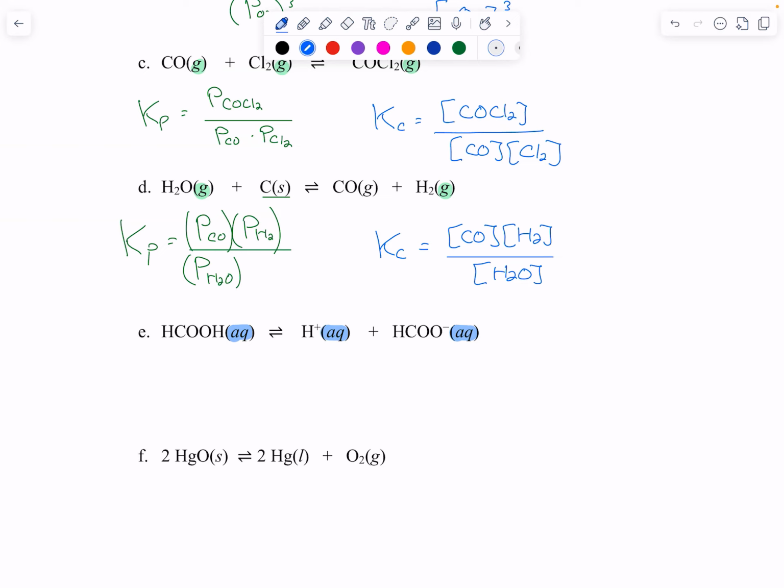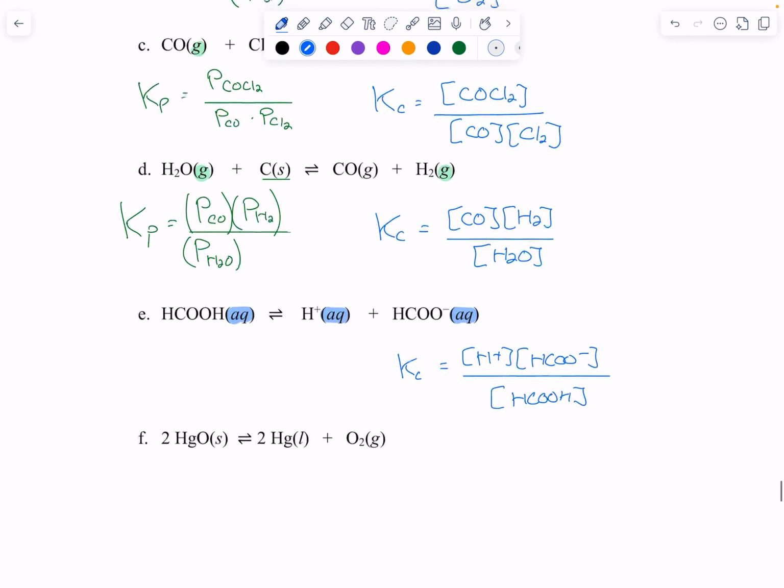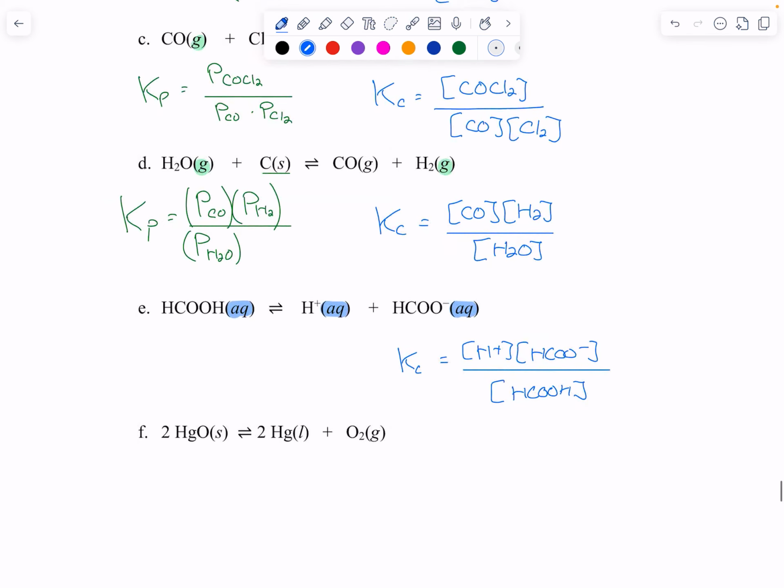So E, we can't do Kp, so we can only do Kc, right? And that is concentration of H plus, concentration of HCOO minus, all over concentration of HCOOH. And F is the last one. And if we look here for F, we have a gas.